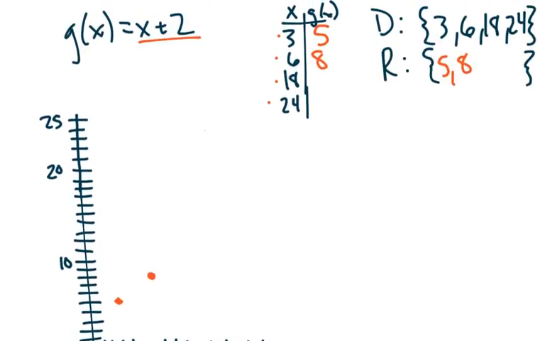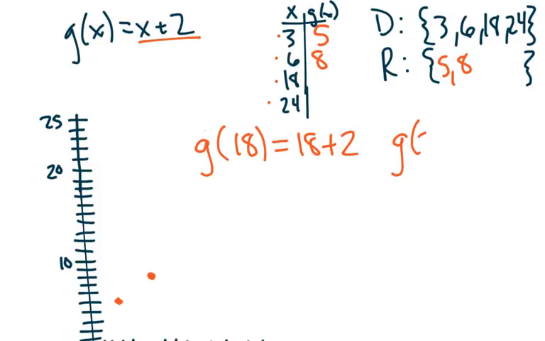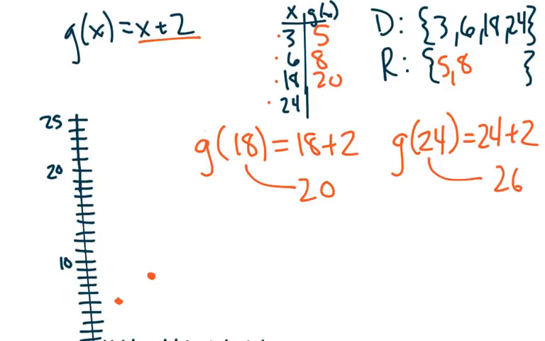Okay. Now let's do it for 18. And hopefully you've noticed the pattern and may not even need to write it out like this. But if you need to, here you go. 18 plus 2 is 20. So g of 18 equals 20. And we get 26, so g of 24 is 26.